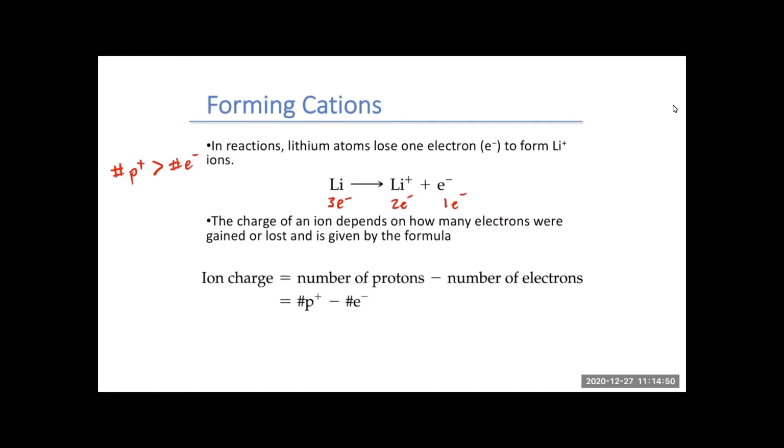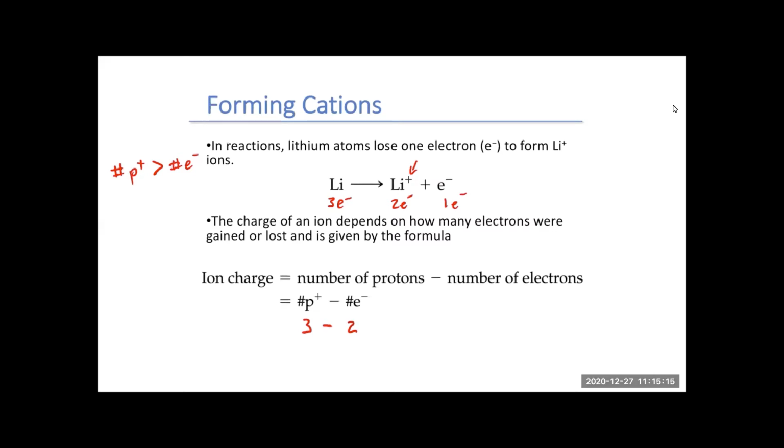When we want to figure out how to write the charge of our ion, we have to indicate the charge. So we know how many electrons we lost, or how many electrons we gained. In this case, we lost 1 electron. Our number of protons is still 3 because lithium has 3 protons, but now there's only 2 electrons in it.